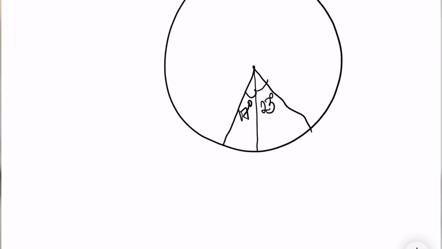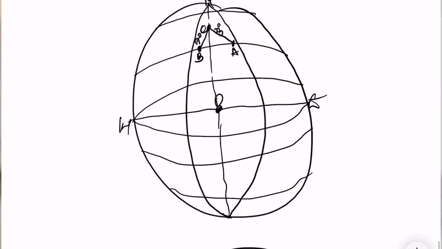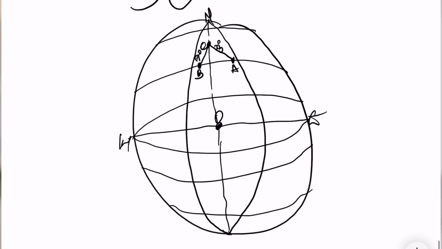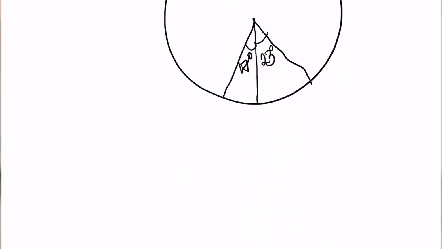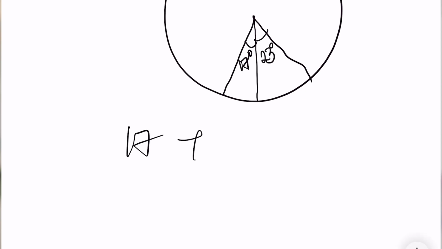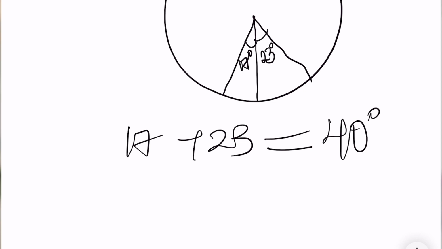From this point to the equator, we have it like this, so this part is our 56 degrees. Here we have 17 plus 23, which is 40 degrees.